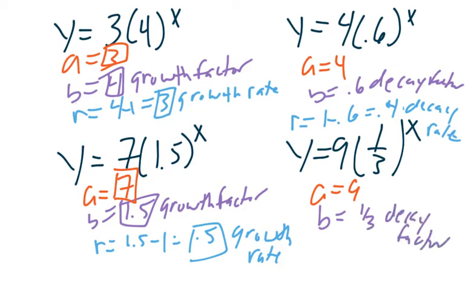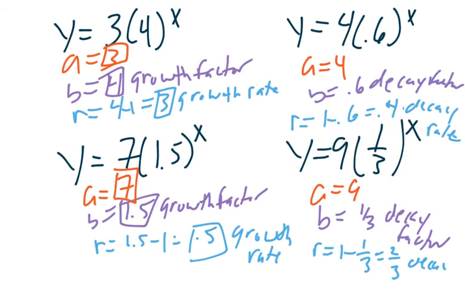And our r value is 1 minus 1/3, or 2/3, and that again is our decay rate. So our decay rate is 2/3, our b value is 1/3, and our a value is 9.